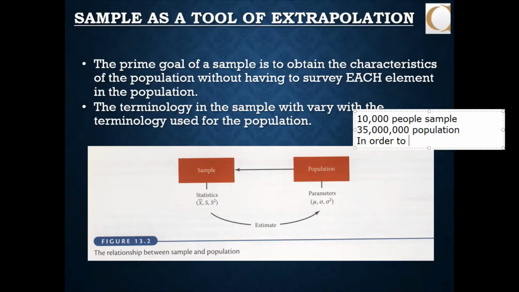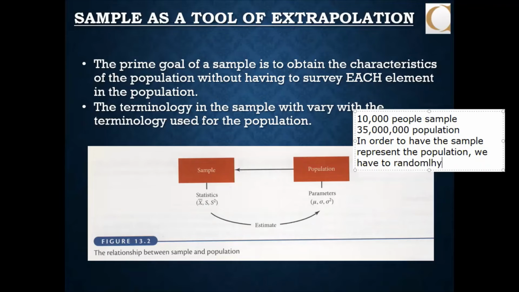In order to have the sample represent the population, we have to randomly pick 10,000 people from 35 million people.